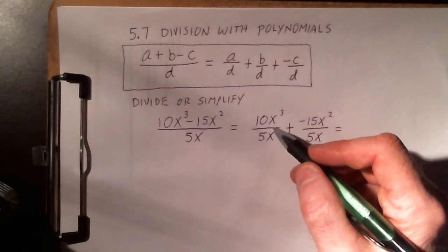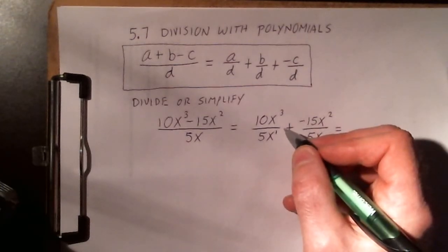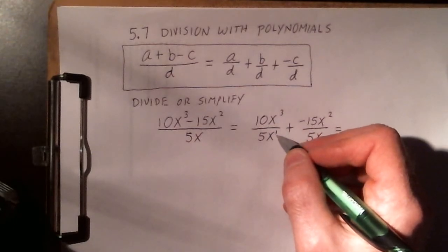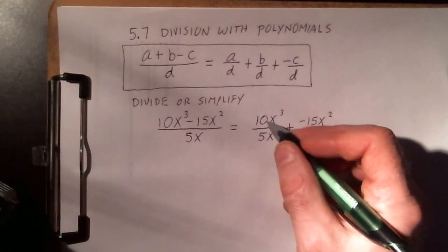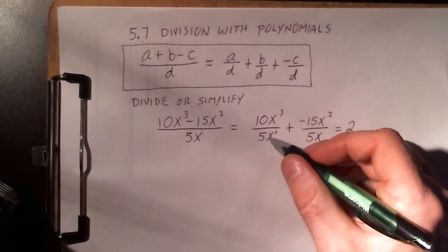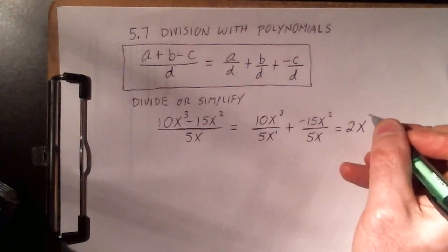First of all, let's reduce 10x cubed divided by 5x. We saw last week that when we divide like bases, we keep the base the same and we subtract exponents. But first of all, let's divide the coefficients. 10 divided by 5 is 2, and x to the third power divided by x to the first power is x to the 3 minus 1 power.